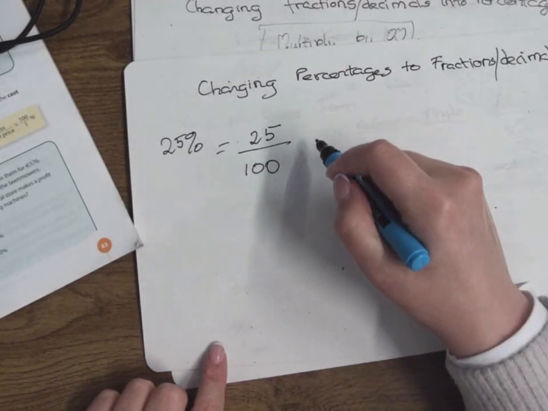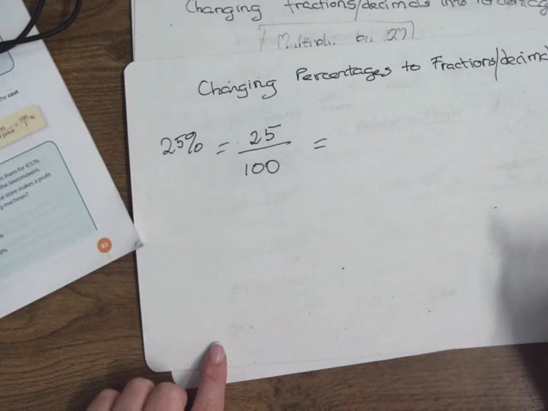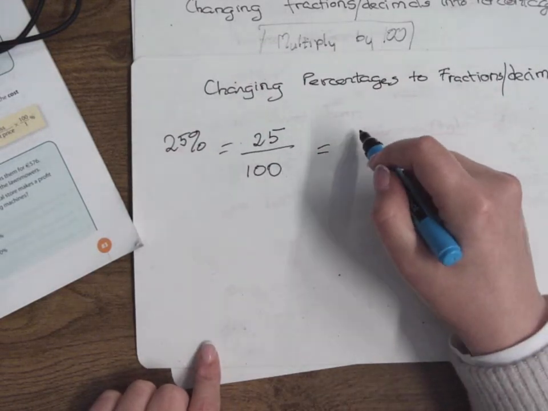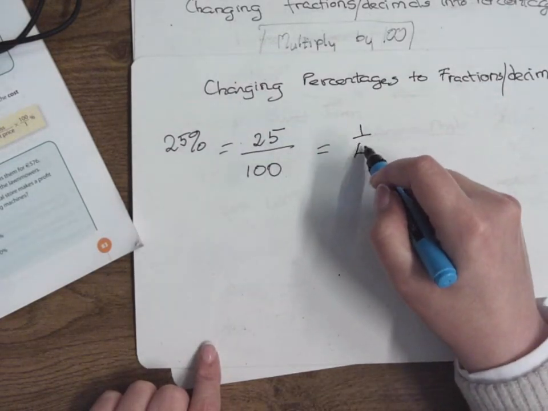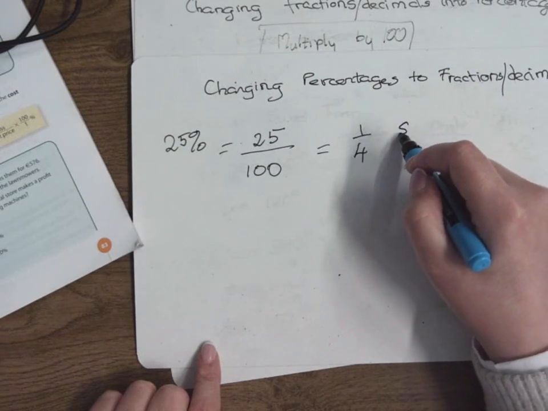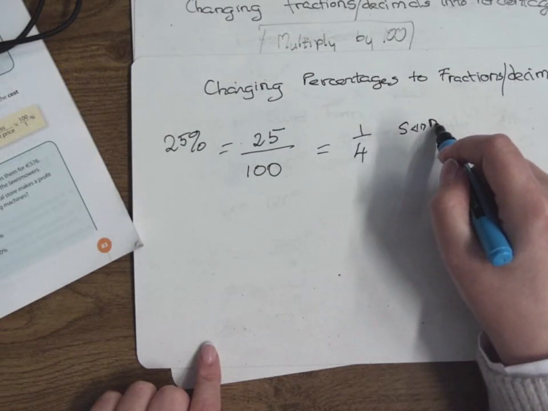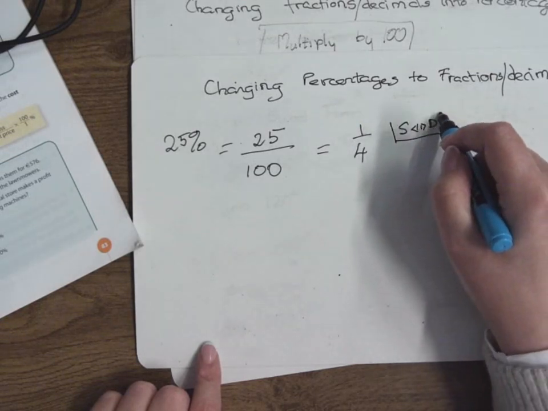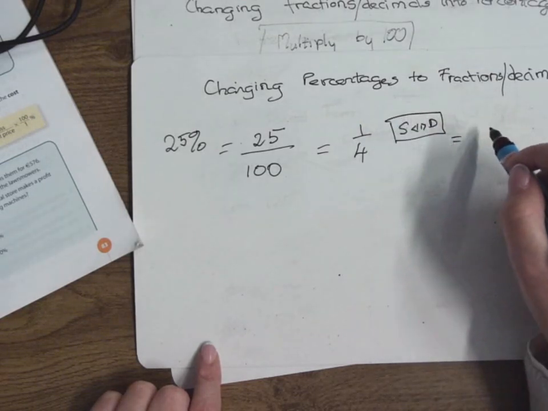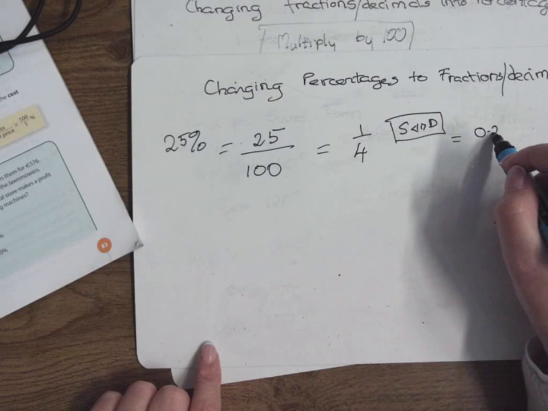What have you got? As a fraction, what is it? A quarter. And then you press S to D, you know that button? And it'll turn it into a decimal for you, and it's 0.25.